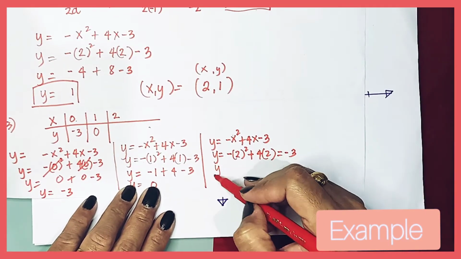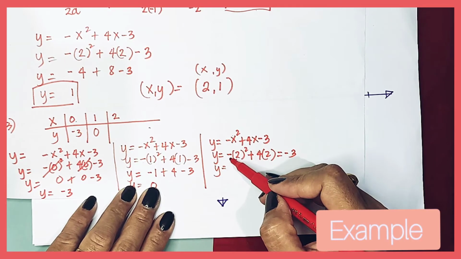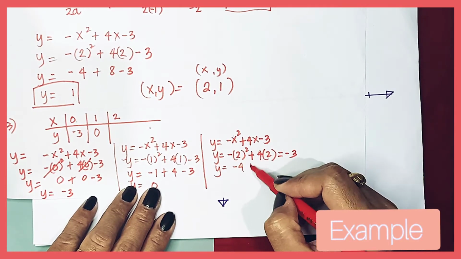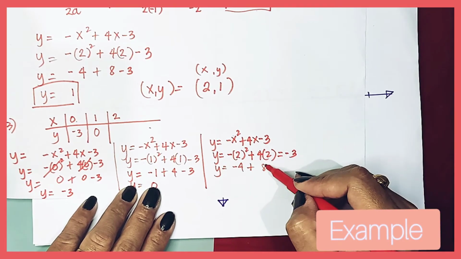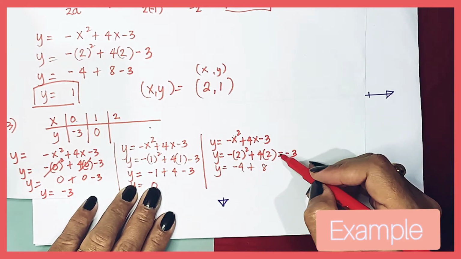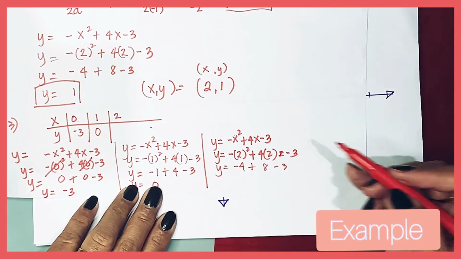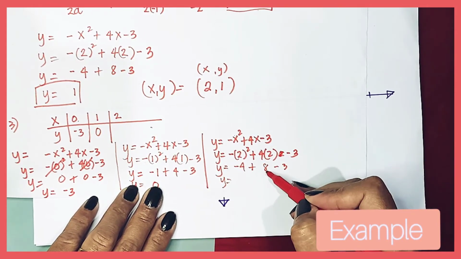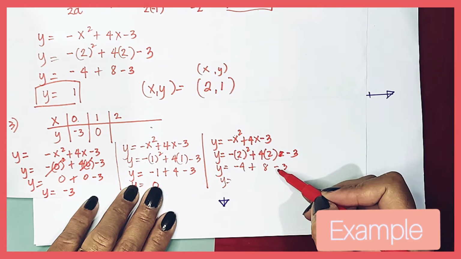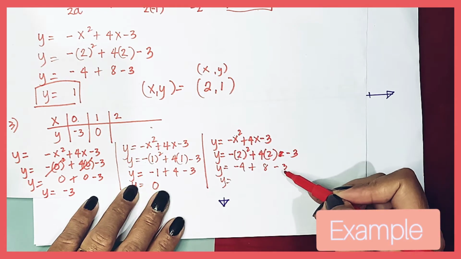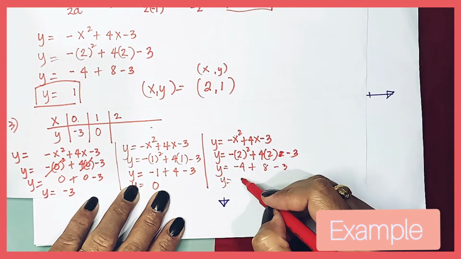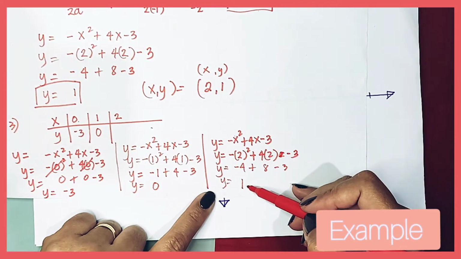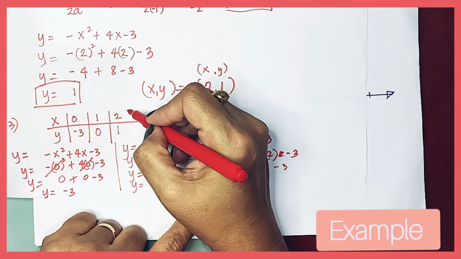So y is equal to negative of 2 squared, which is negative 4, plus 4 times 2, which is 8, minus 3. So you have negative 4 plus 8 is equal to positive 4, minus 3 is equal to 1. So if your x is 2, your y is equal to 1.